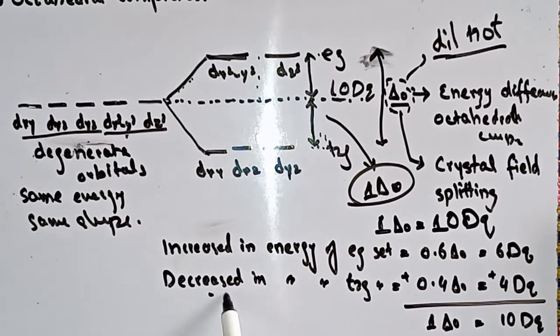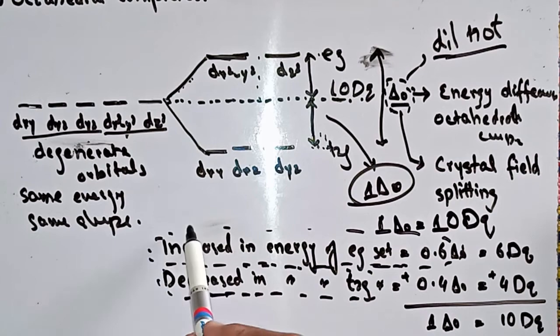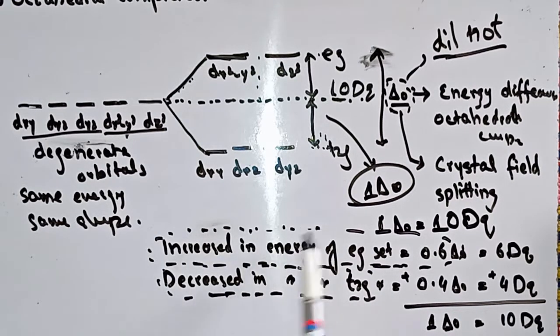The ligand interaction with the T2g set is very small, so its energy decreases less, while the interaction of the ligand with the Eg set is more, so its energy increases more.